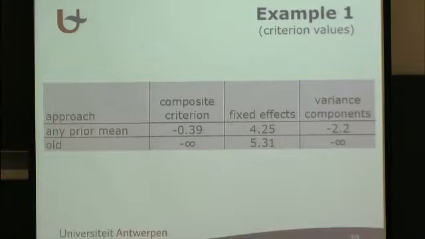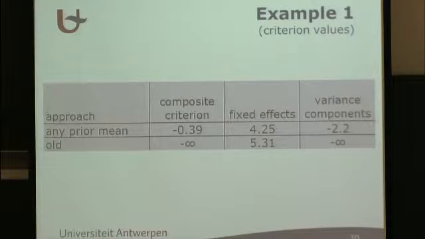When we look at the fixed effects estimation, we can see that the value for the old design is better, 5.31 compared to 4.25, and of course that should not come as a surprise because the old design focused all the effort on fixed effects estimation. So the old design does better when it comes to estimating the fixed effects than the new design.